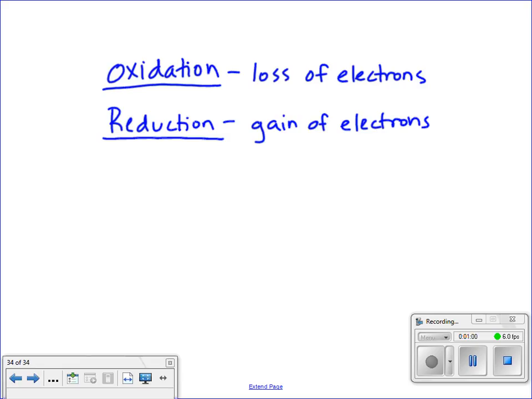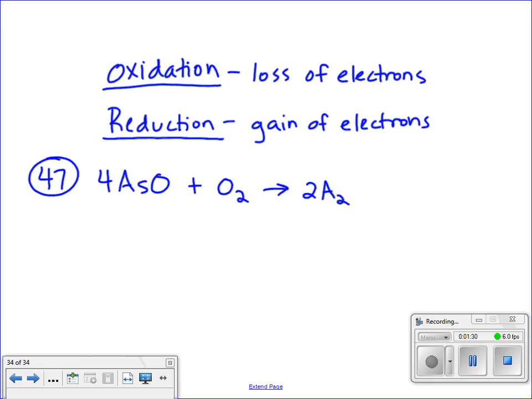For number 46, what happens in a direct combination reaction? A direct combination reaction is where one atom or substance loses electrons and one gains electrons. For number 47, we're going to use this as our example of a balanced chemical equation.